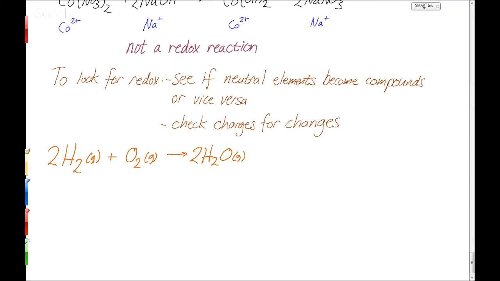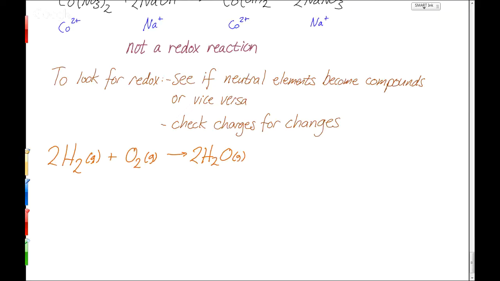There's no ions here, but we should still be able to figure that out. Does it have any of the characteristics of redox reactions, would you say? Maybe, yeah. What do you see?